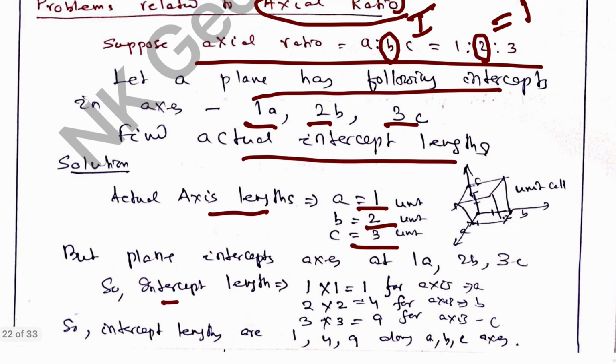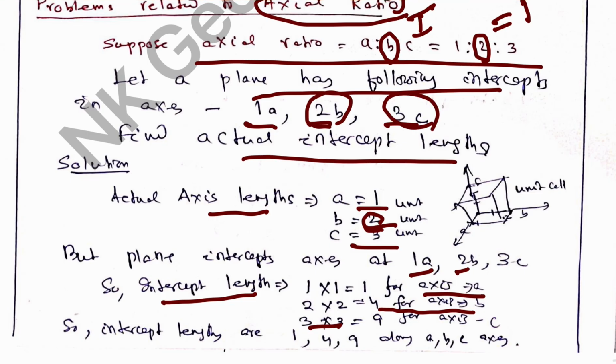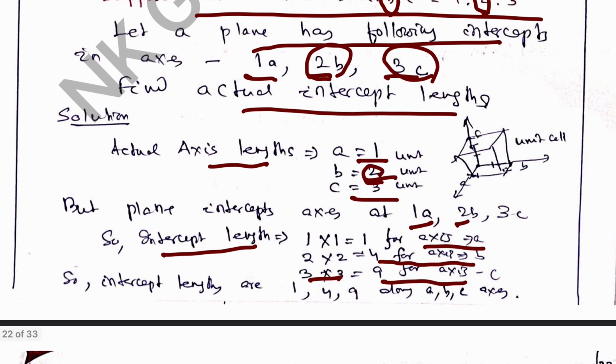So the intercept lengths will be: for 1A, 1 into 1 is equal to 1 for axis A; for 2B, 2 into 2 is 4 for axis B; and for 3C, 3 into 3 it becomes 9 for axis C. So intercept lengths are 1, 4 and 9 along the A, B, C axes.